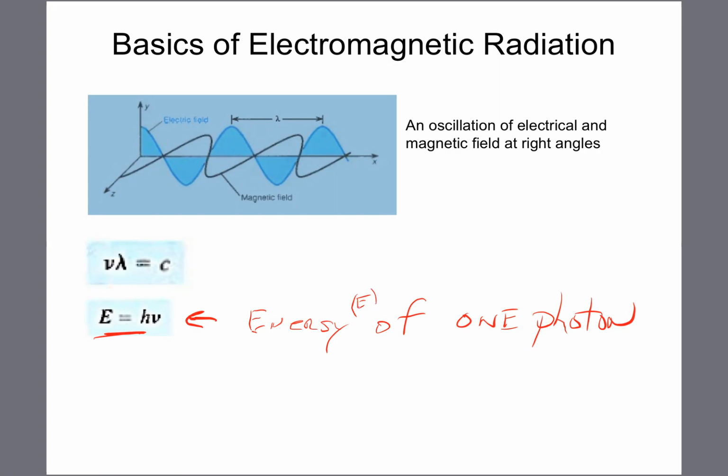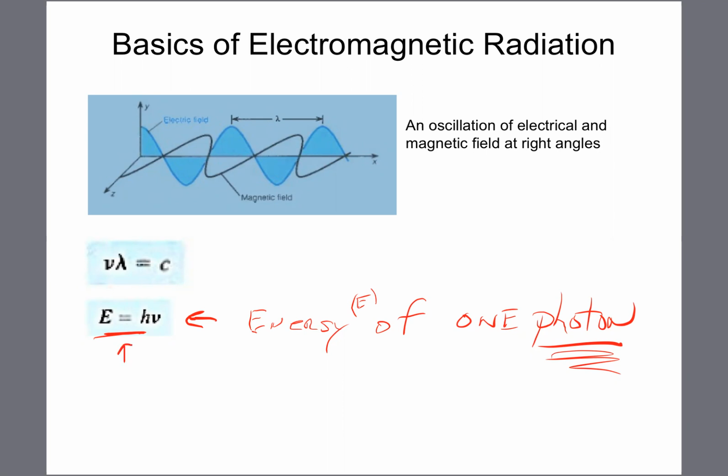One photon. I use this word photon, didn't I? The idea behind a photon is a fundamental packet of electromagnetic radiation. Electromagnetic radiation comes quantized in these packets that we're just going to call photons. And we can compute the energy of one of these packets, or photons, using that equation.